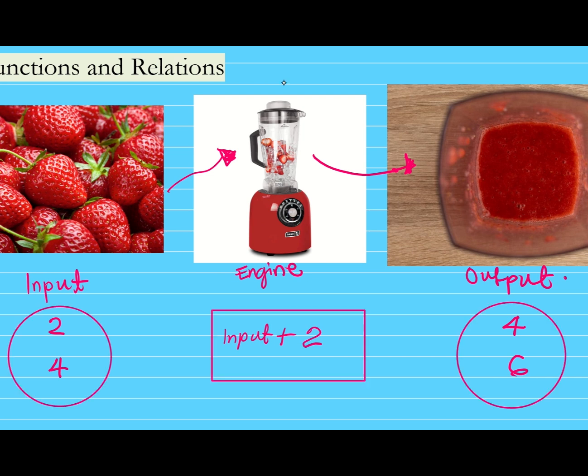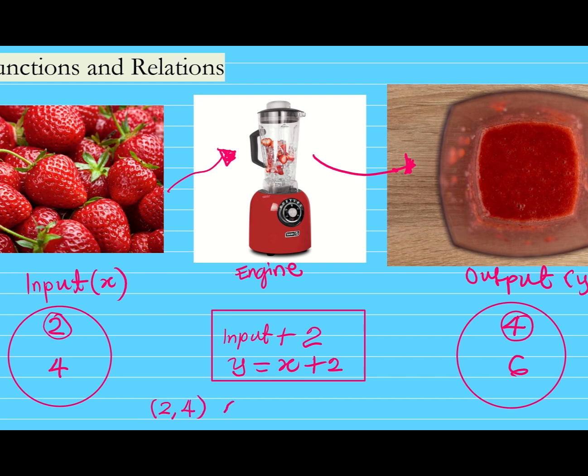Now if we call all the inputs X and all the outputs Y, then output equals input plus 2. If I then decide to pick these in pairs, for instance I pick my input, which is 2, then because of this particular engine, I have to pair 2 with 4.